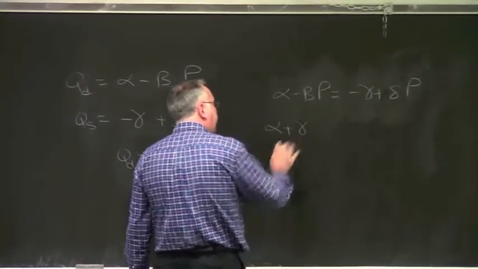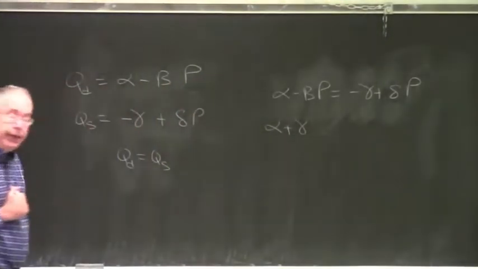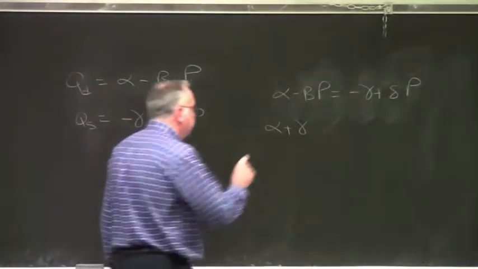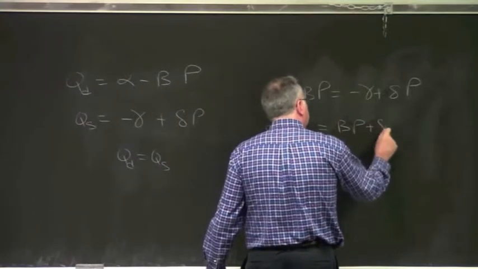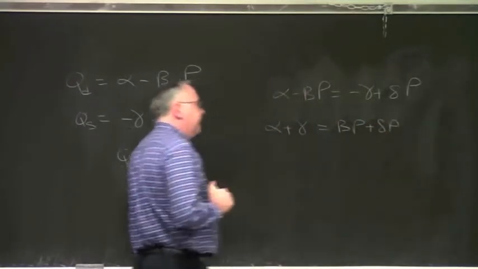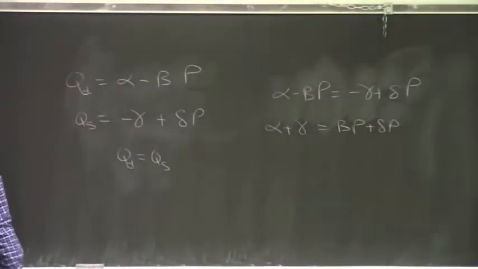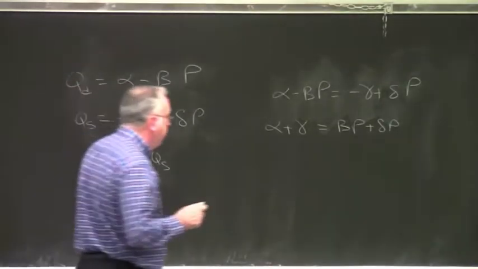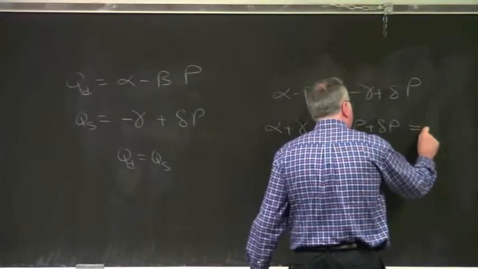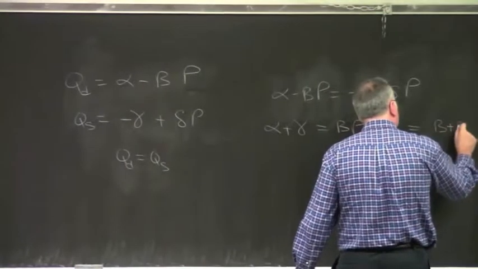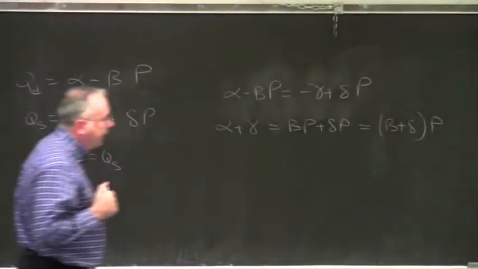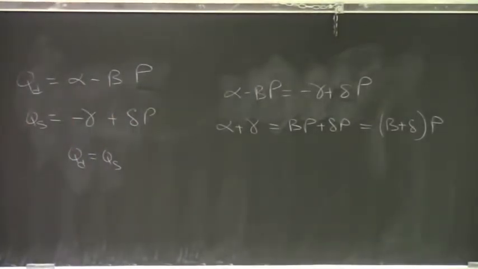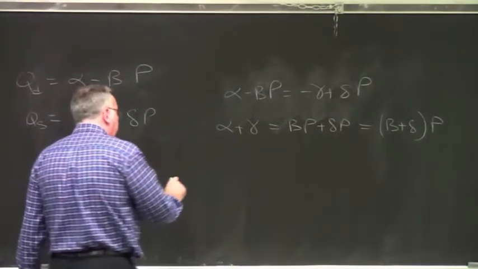Alpha plus gamma, and add beta P to both sides. Factor out the price on the right-hand side. And now divide both sides by beta plus delta. And we get our equilibrium price.